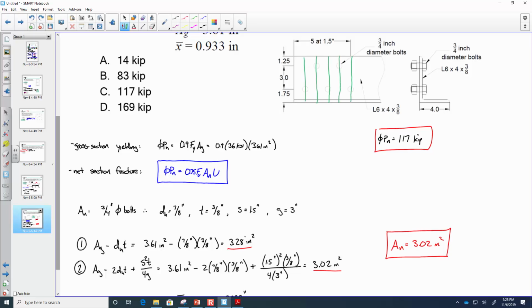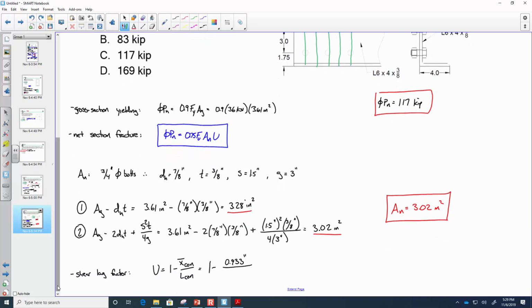So each of those spaces are 1.5 inches. So, 1.5, 3, 4.5, 6, 7.5. Now my question to you is, how far is it from the outermost bolt to the outermost bolt? It's 6 inches, right? Because 7.5 inches is from this outermost bolt to the edge of the angle. I don't care about that. I'm going from bolt to bolt, and that's 6 inches. Does that make sense? That could really easily trip you up on the exam. Make sure that you're aware of what that means.